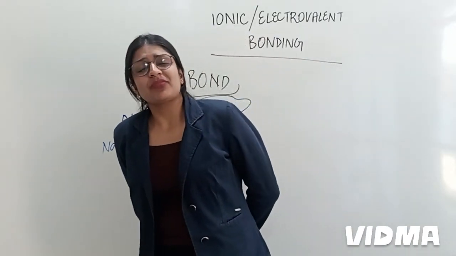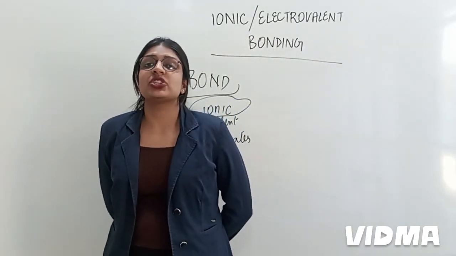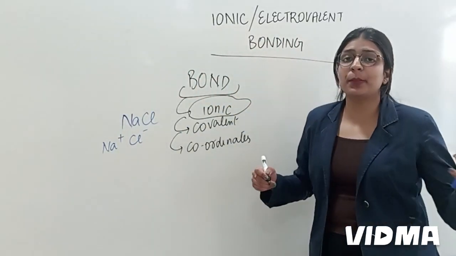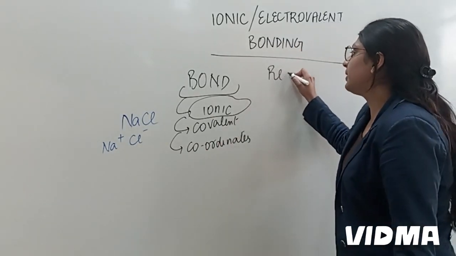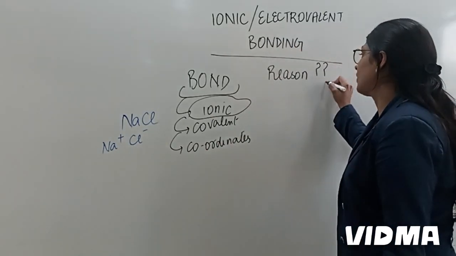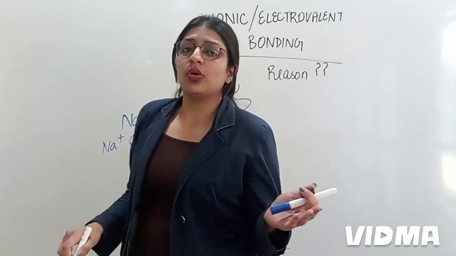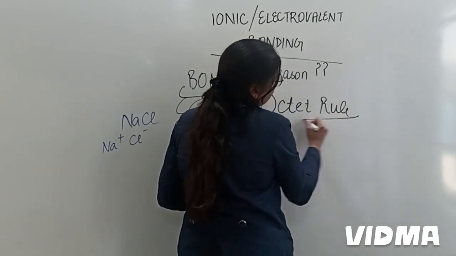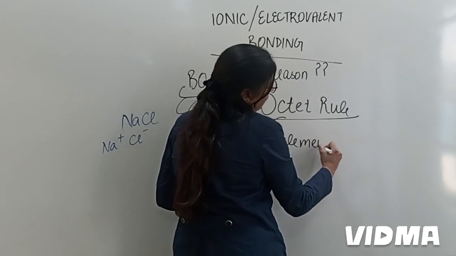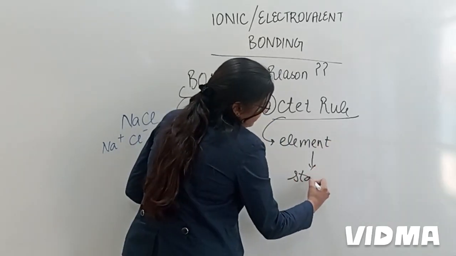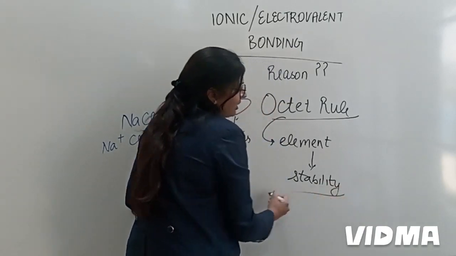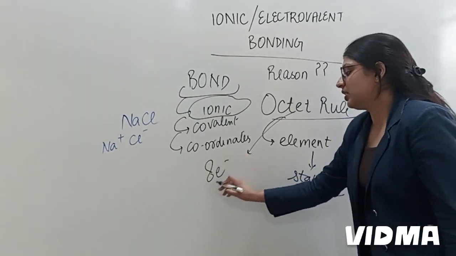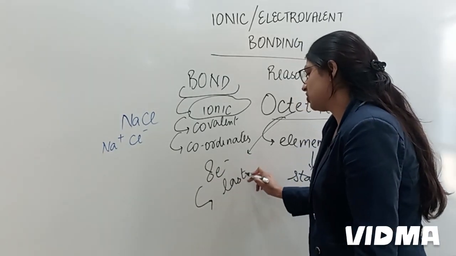Now if I ask you why bond formation takes place: whenever a bond is formed between any two atoms, what is the reason behind it? As you already know the octet rule, every element wants stability, and for that stability it has to complete its octet, which is to have 8 electrons in its last shell.